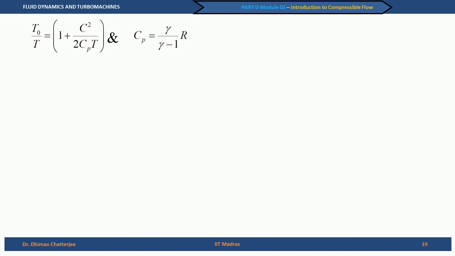We know that we have already just found out that T0 by T is 1 plus C square by 2CpT, and we know Cp is nothing but gamma R by gamma minus 1. These relationships you know from thermodynamics as well.